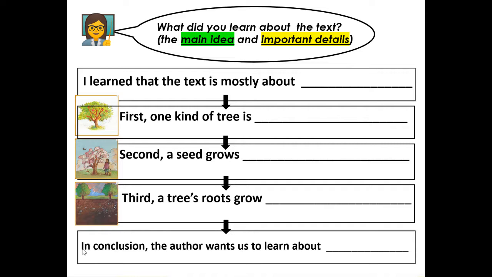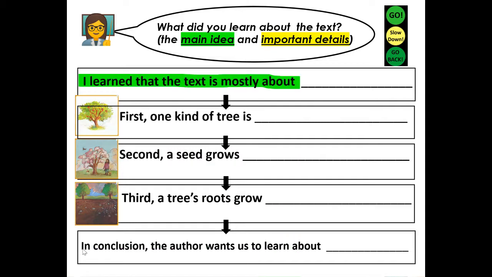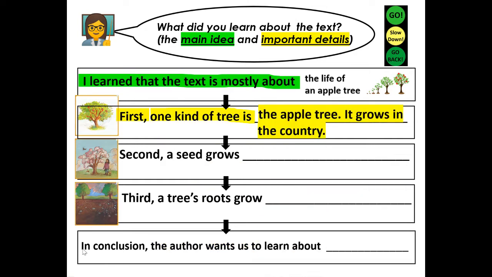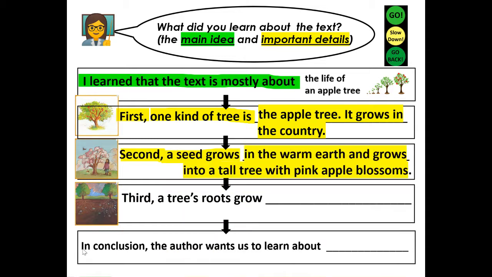And now you can look at my example. What did you learn about the text, the main idea, and important details? I learned the text is mostly about the life of an apple tree. That's our main idea. First, one kind of tree is the apple tree. It grows in the country. Second, a seed grows in the warm earth and grows into a tall tree with pink apple blossoms.